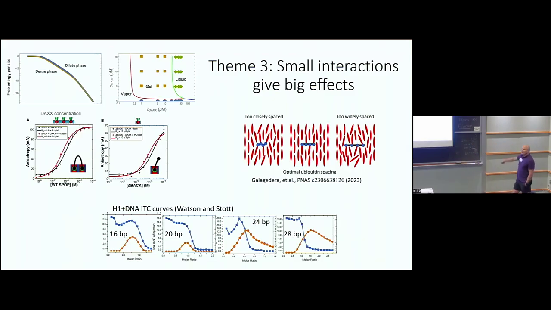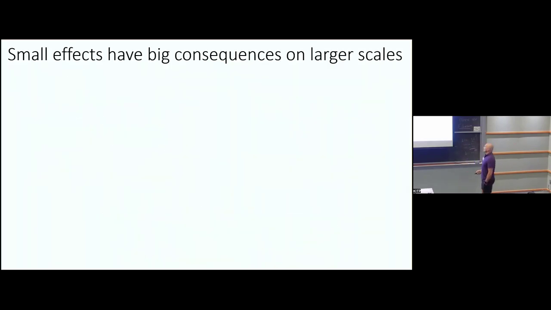These binding parameters here are on the order of fractions of a kT per ubiquitin module. But what I want to argue is that there are reasons that this has to be true. This isn't just an accident of our models here. The first is that the very nature of emergent properties means that the interactions that are small on one scale suddenly become large as you move up in scale.